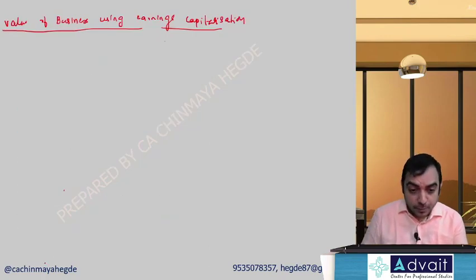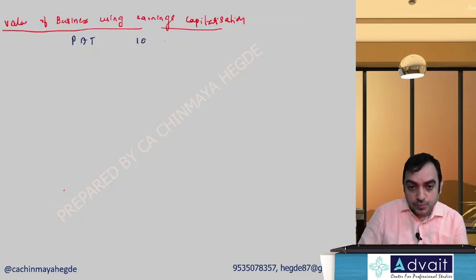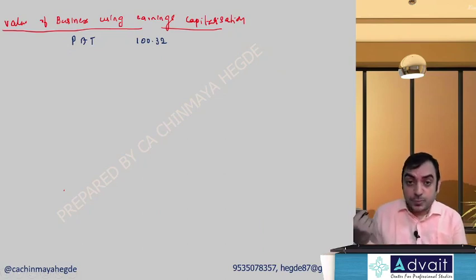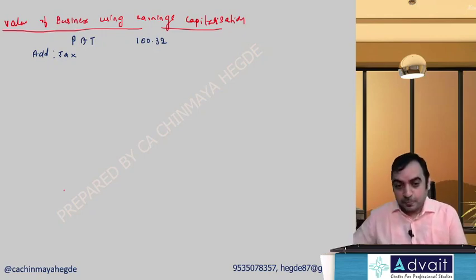Reported profit, given profit after tax, 100.32. But we need profit before tax for all the adjustments, because some income and expense are to be eliminated, extraordinary items, so add back tax. Okay, can any of you calculate how much is the tax amount to be added?